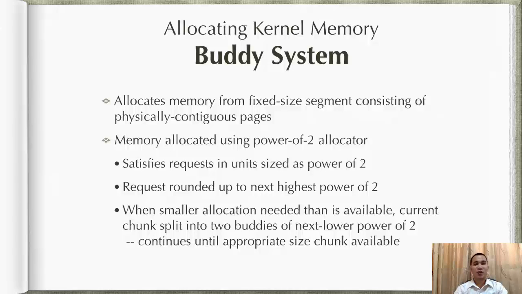It satisfies requests in units sized as a power of 2, with requests rounded up to the next higher power of 2. When a smaller allocation is needed than is available, the current chunk is split into two buddies of the next lower power of 2, and it continues until an appropriate size chunk is available.